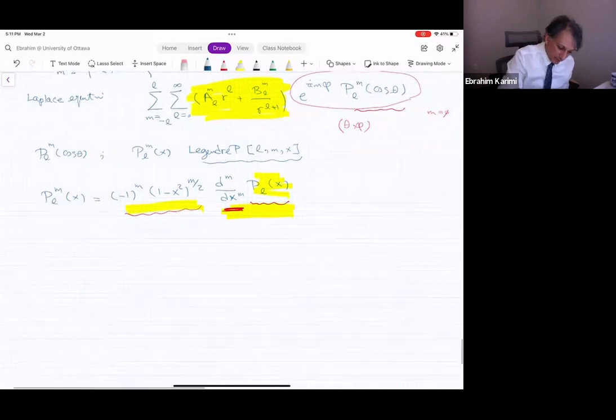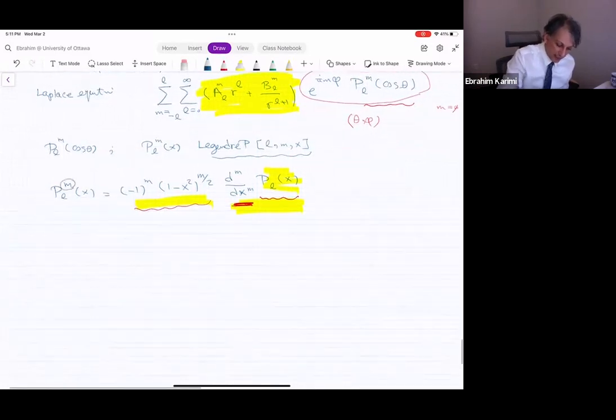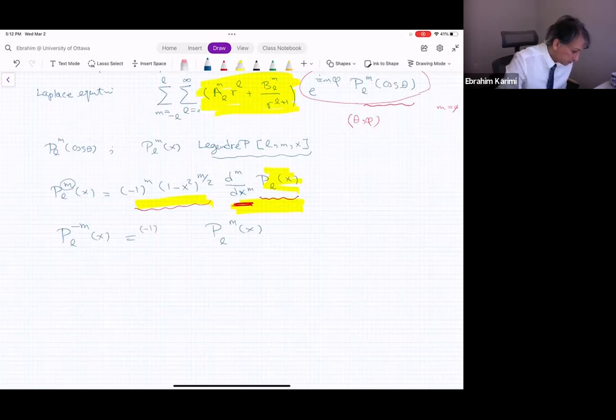That is for positive m value. It's given for any m value, but if you look at the relation between P_L^(−m) of x and P_L^m of x, the relation is given by (−1)^m (L − m)! divided by (L + m)!.